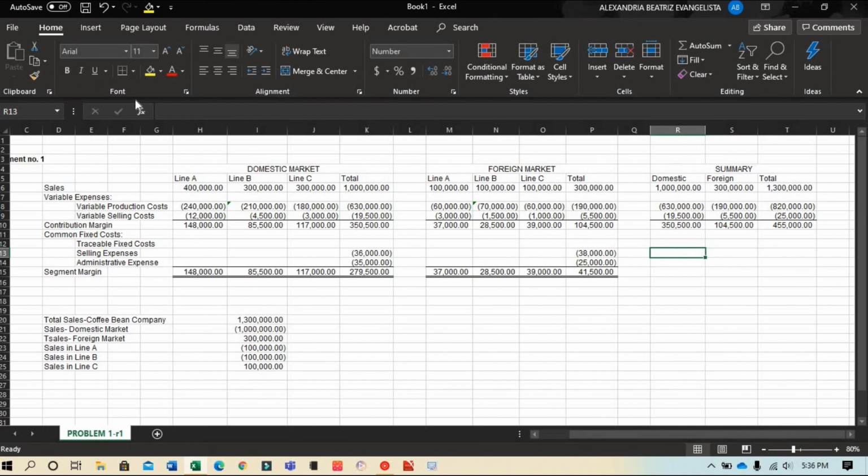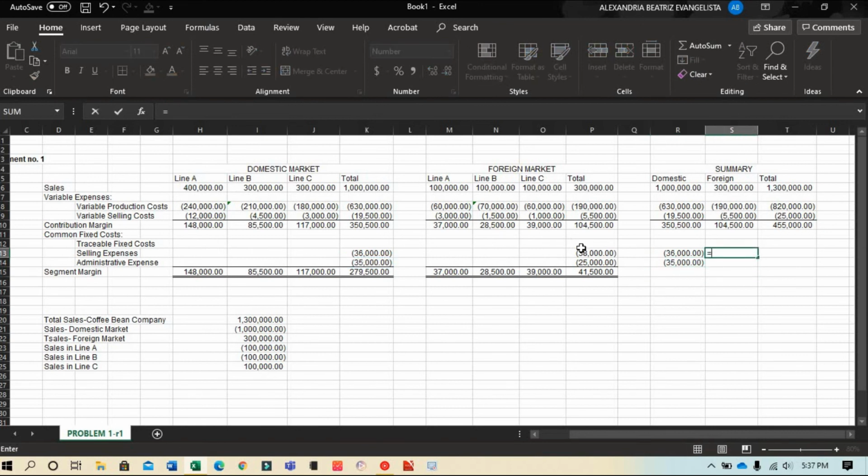Now here, traceable, we're just going to copy this one, 36,000 for selling expenses under the domestic, and then 35,000 for administrative expenses under the domestic market, and $38,000 selling expenses under the foreign market, and $25,000 administrative expenses for foreign market.